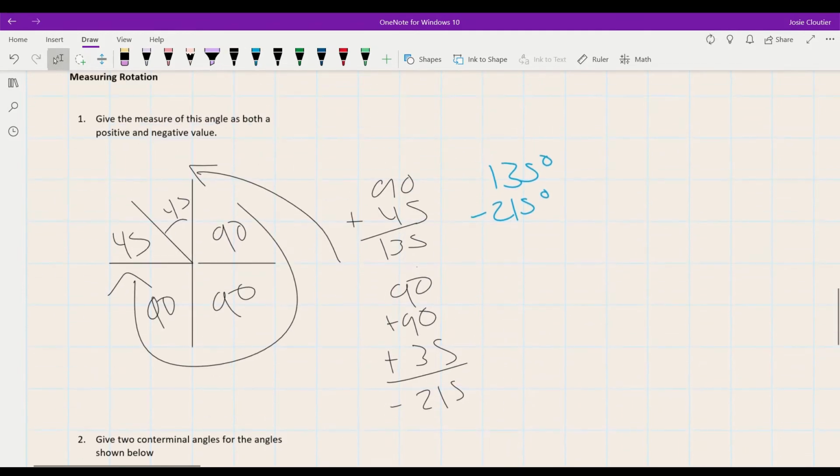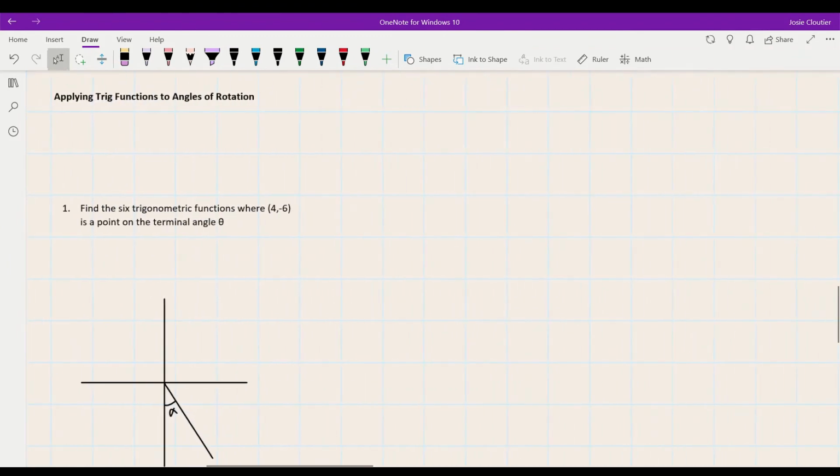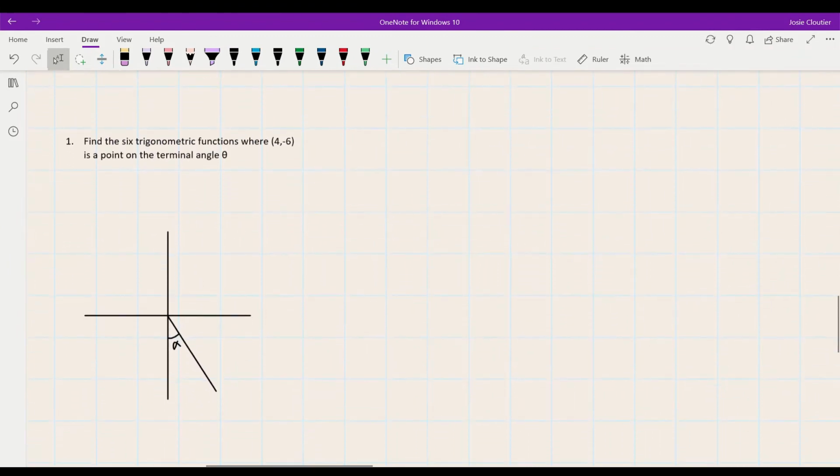Alright, moving on to applying trig functions to angles of rotation. Find the 6 trigonometric functions where 4, negative 6 is a point on the terminal side of angle theta. And I have written alpha here instead of theta, so let me fix that real quick. There. Okay. So we know that this point right here is 4, negative 6.